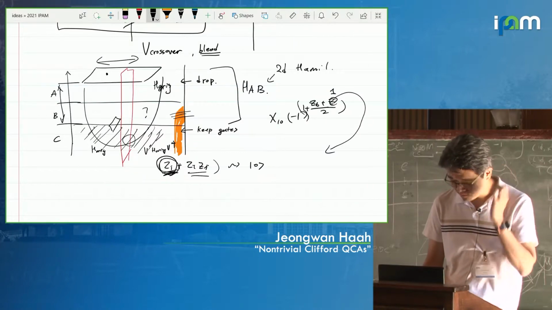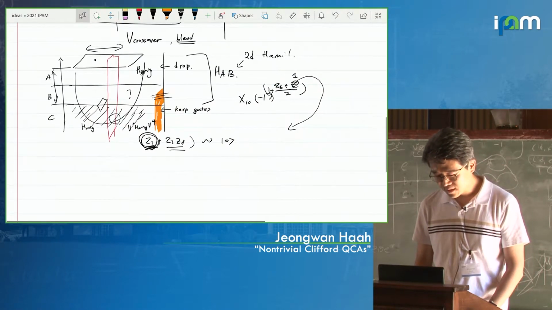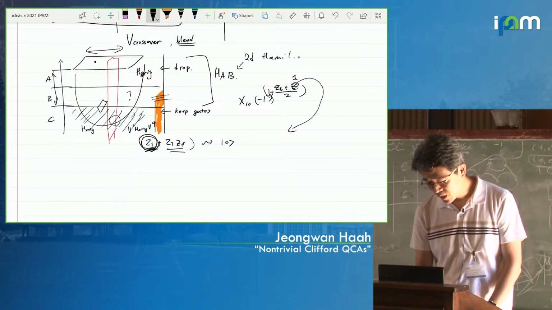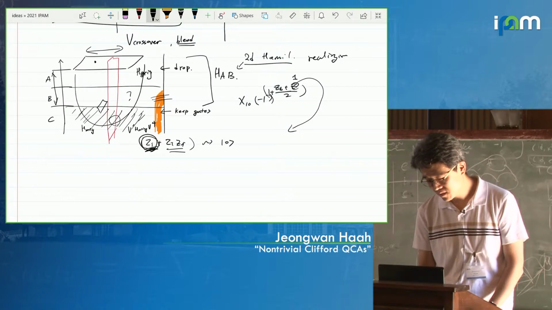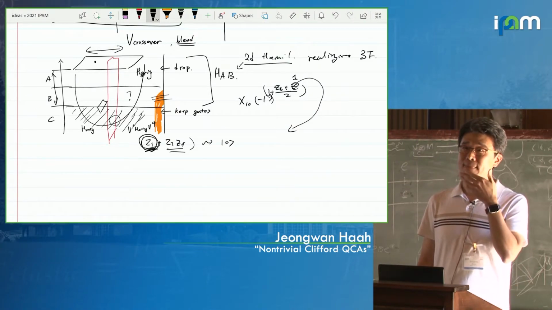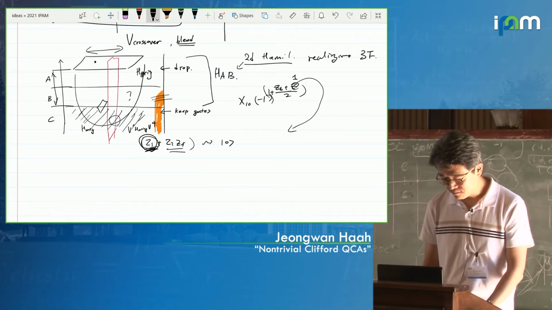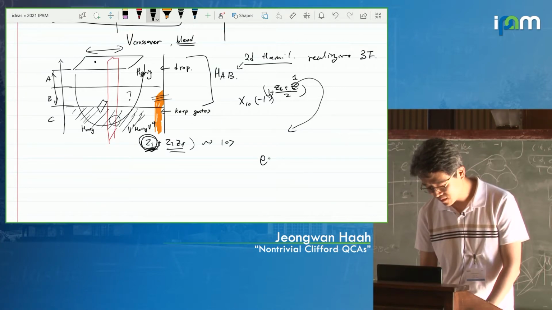So we have successfully, under the assumption of a hypothetical disentangling circuit, obtained a two-dimensional Hamiltonian realizing the three fermion theory. What's wrong with the three fermion theory? Well, nothing wrong, except I want to note this formula.